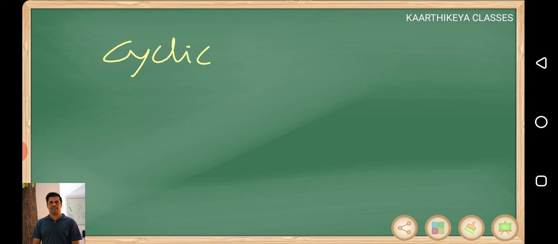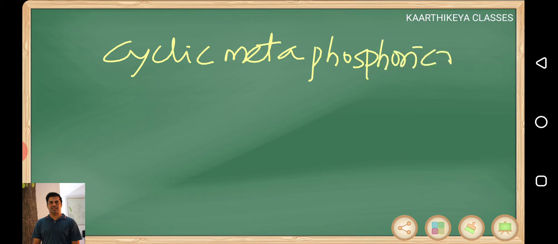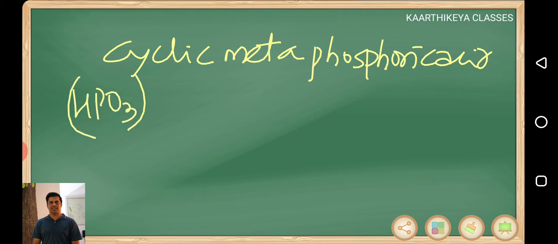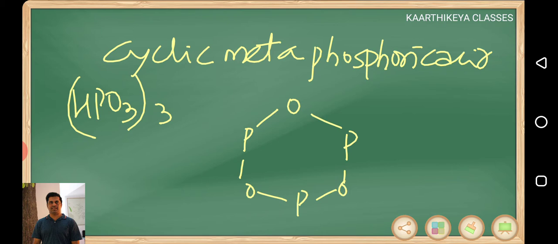cyclic metaphosphoric acid. Cyclic metaphosphoric acid formula and structure will be like this, (HPO3) taken thrice, say P, O, P, like this it will be a 6-membered ring. Each phosphorus has a double bond O, and each has one OH group also.